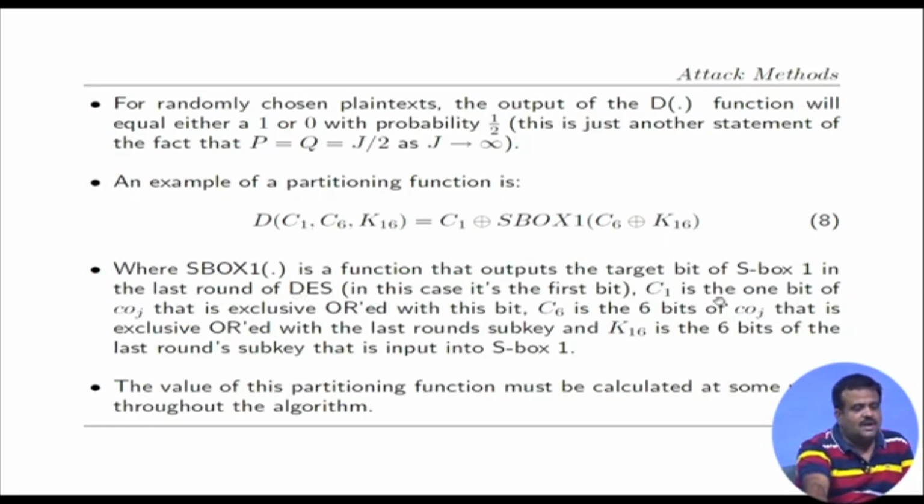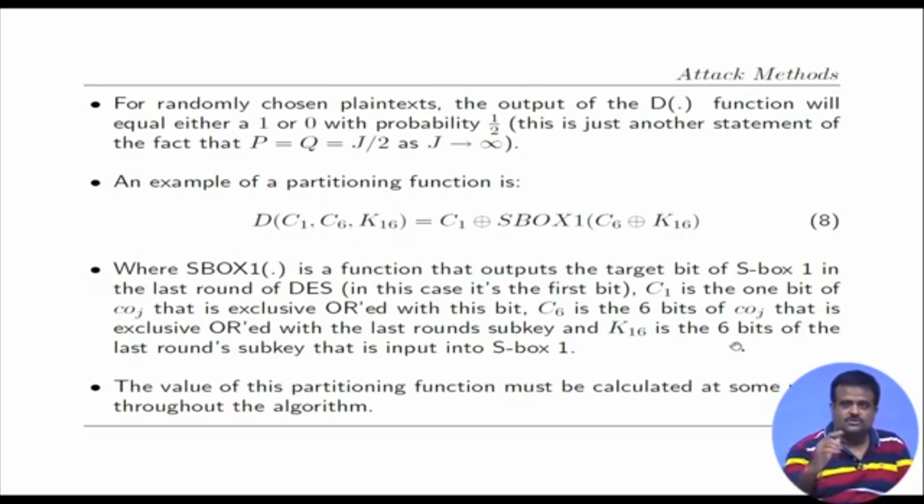C1 is one bit of the ciphertext COJ, which is XORed with the bit C6, the 6th bit of the ciphertext, after running the S-box. C6 is XORed with the last round sub key, which is K16, and this is of 6 bits.